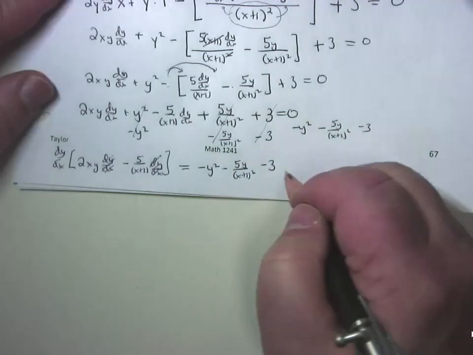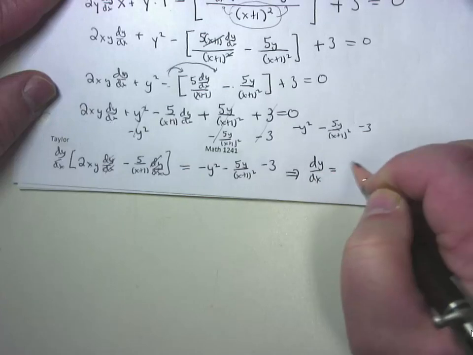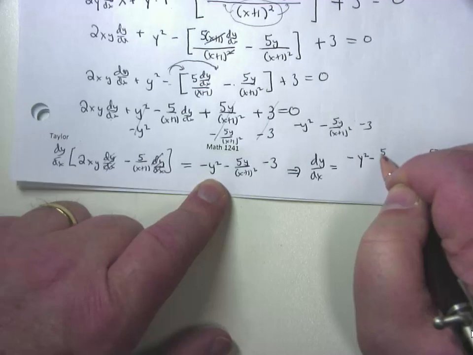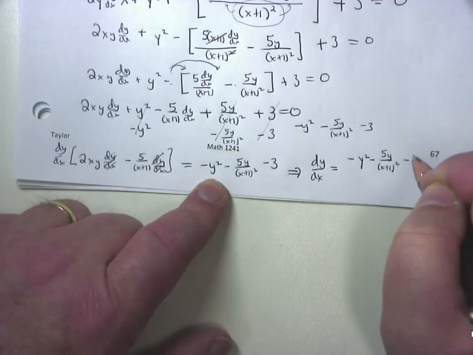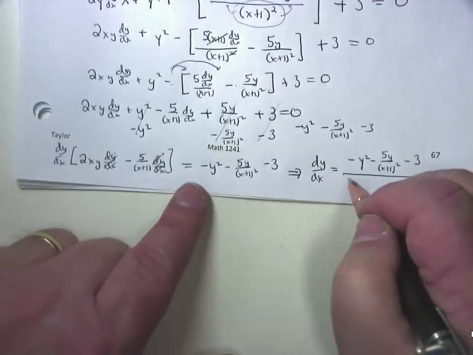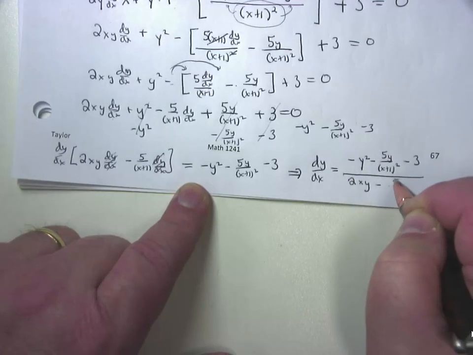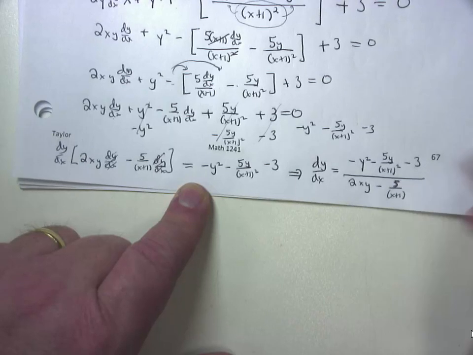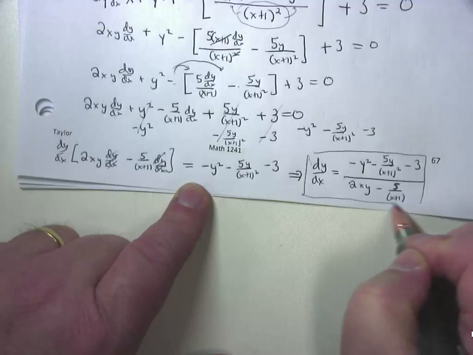This is going to give me dy over dx is equal to negative y squared minus 5y divided by x plus 1 squared minus 3, divided by, this whole term goes to the denominator, 2xy minus 5 divided by x plus 1. And as nasty as that is, that's my derivative.